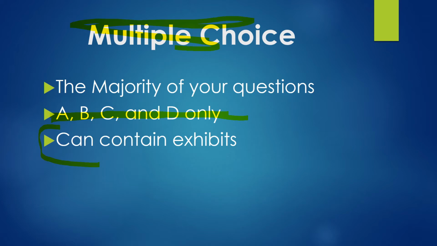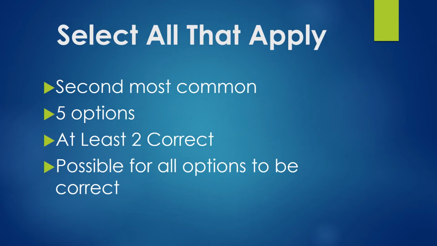Like it will give you a MAR or something, like what is wrong with this, and you have to look at the MAR and see that, oh, this patient can't get, for example, Tylenol or acetaminophen again, because they've already had it. The order says once every 4 hours, and it's only been 3. So that's an example of a question that will contain an exhibit.